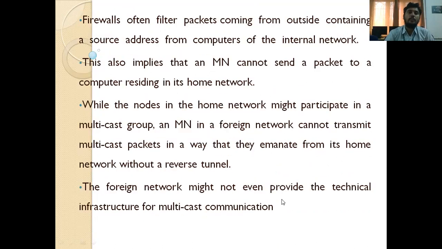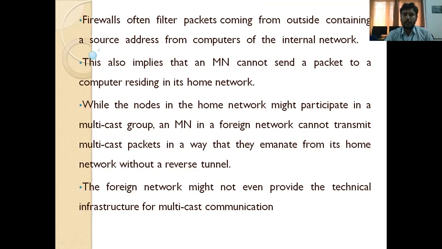So the firewall often filters packets coming from outside containing a source address from computers of the internal network. This also implies that a mobile node cannot send a packet to a computer residing in its home network. While the nodes in the home network might participate in a multicast group, a mobile node in a foreign network cannot transmit multicast packets in a way that they emit from its home network without a reverse channel.